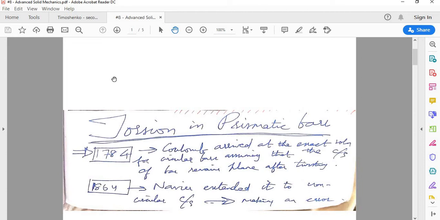But if you take a cross section which is non-circular, including square, rectangle, triangular, or irregular shape, whatever, you have to deal with one extra phenomenon known as warping. So what is warping? That is what we'll also see in this particular lecture.